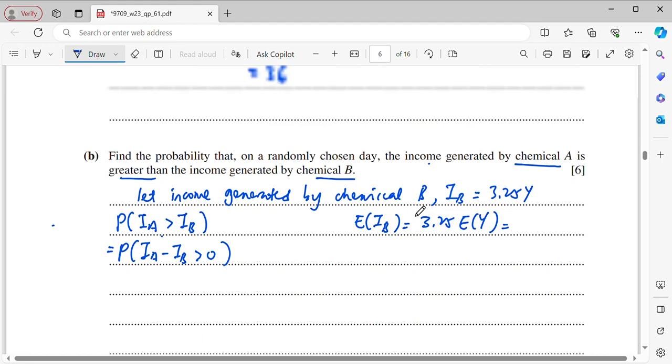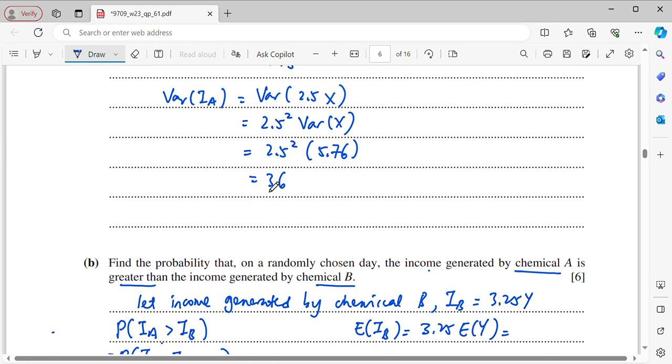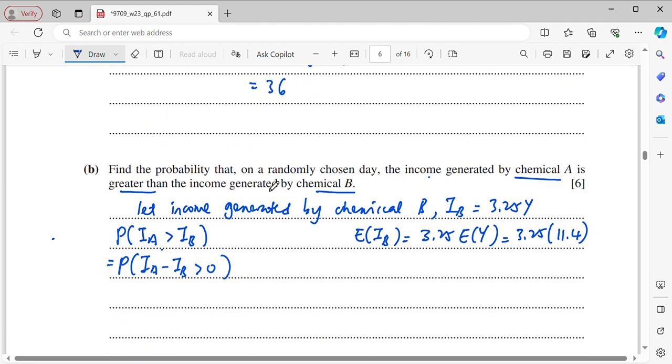The expected value of Y is given, which is 11.4. So I will just directly replace 3.25 times 11.4, and this is going to be 37.05.